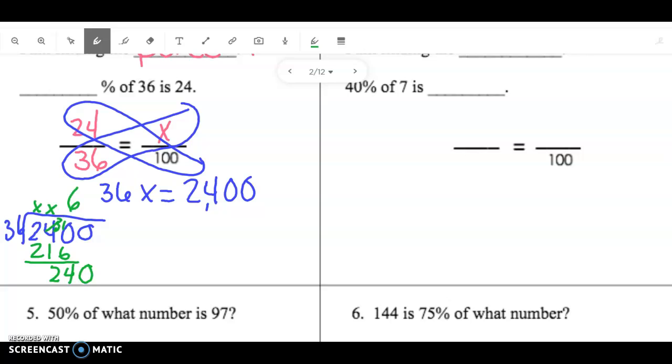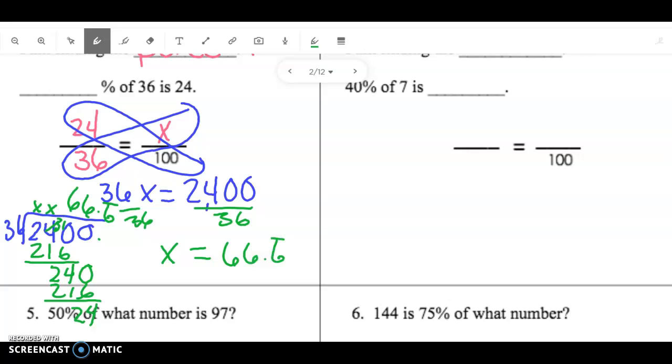Oh, this looks like it's going to make a pattern. 36 goes into 240 6 times. 216. Oh, it's going to make one of those repeating decimals. So my answer here is going to be, when I divide both sides by 36, x is equal to, it's a repeating decimal, 66.6, and that's going to go on forever.